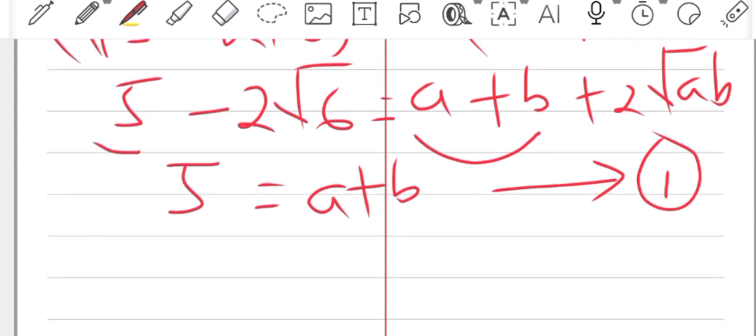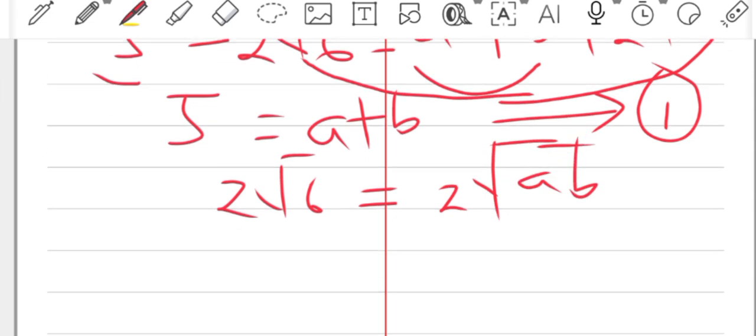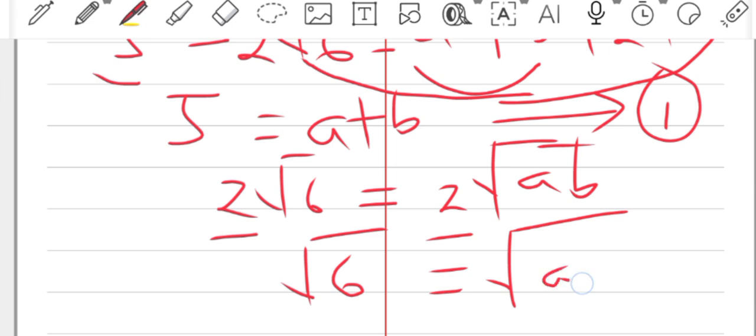When we continue, we have 2 root 6 being equal to 2 root ab. Since we have 2 here and 2 here, we can equate root 6 to root ab, and that should be our equation 2.